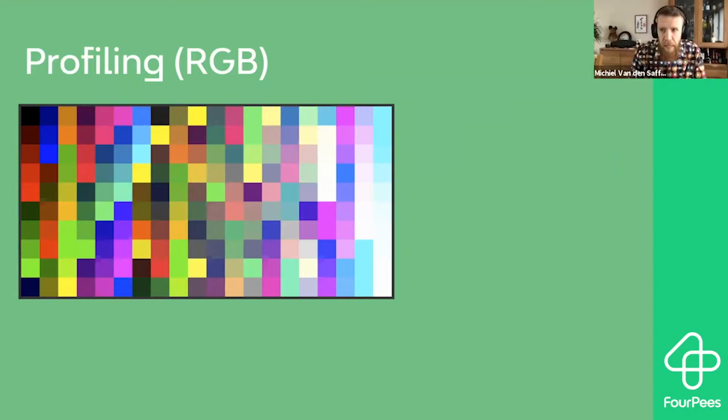Now, profiling for RGB and CMYK is essentially the exact same process. What's happening is the exact same thing. We have to start by creating a chart that contains patches of colors defined in that system's primaries. So each of the patches on the screen are defined by a certain combination of RGB. Of course, we need to have the primaries themselves.